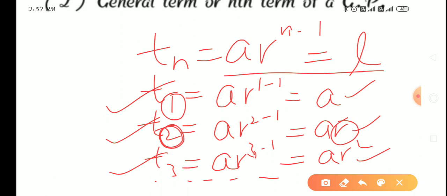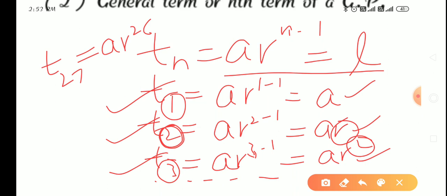As for the third term, 1 less than 3 is 2, so a r to the power 2. In the same way, if you find, suppose, the 27th term, it is a r to the power 26, 1 less. So in this way you can find the terms of a GP.